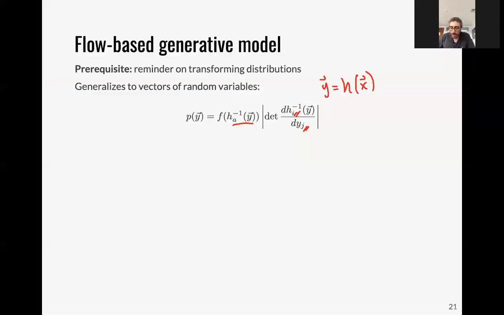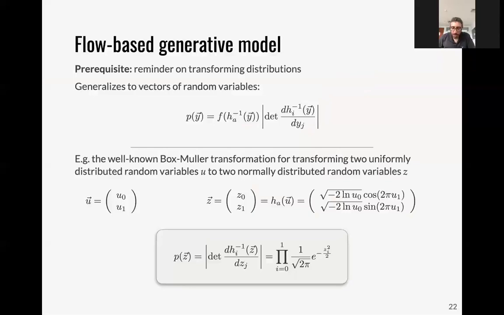And just as a simple exercise, if you really want to see how this works, if you ever used this well-known Box-Muller transformation, which basically takes two uniformly distributed random variables u and maps them into two normally distributed random variables z. So the original distribution is again uniform, but the h function that you're applying now has two components, right?